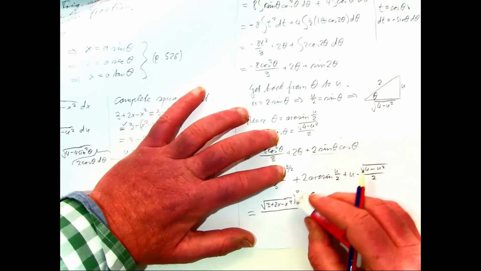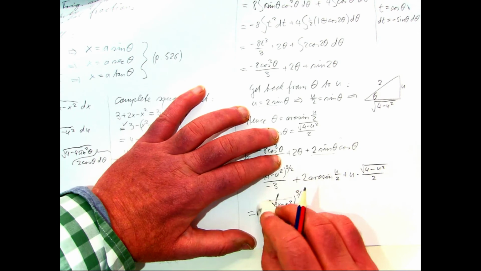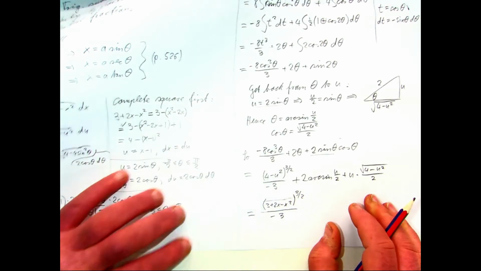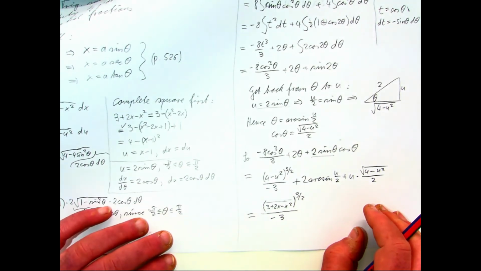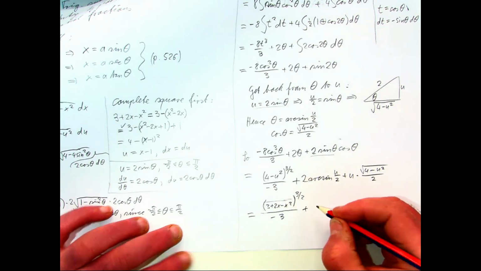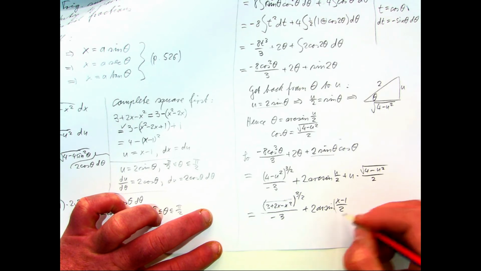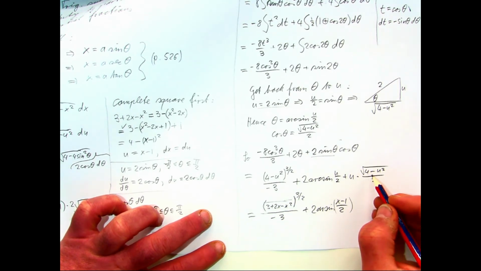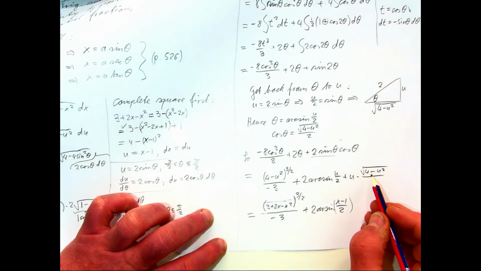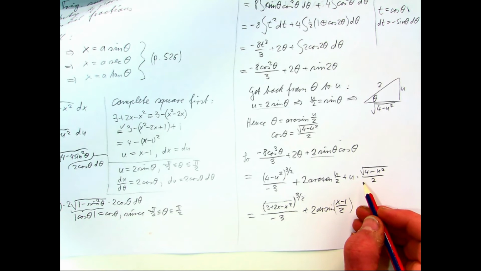Sorry, no. It's not that. Without the root, of course. Like this. Then divided by minus 3. And here, 2 arcsine u, this we need to write as 2 arcsine of x minus 1 over 2. And this is again my 3 plus 2x minus x squared, and then times u, x minus 1 over 2.